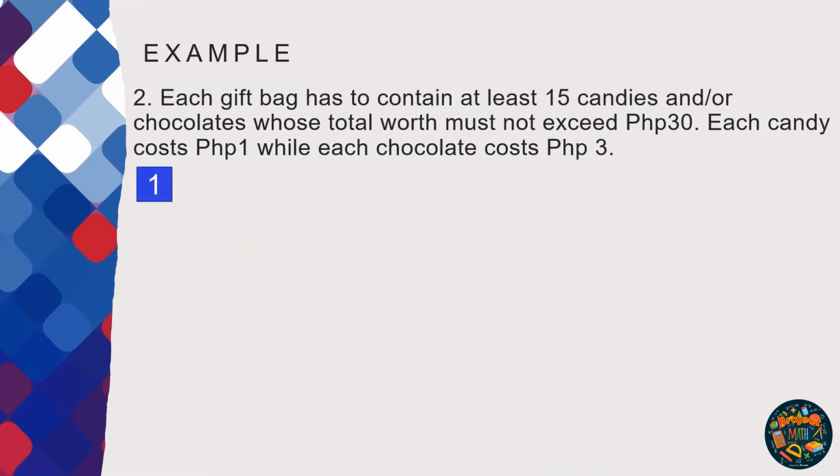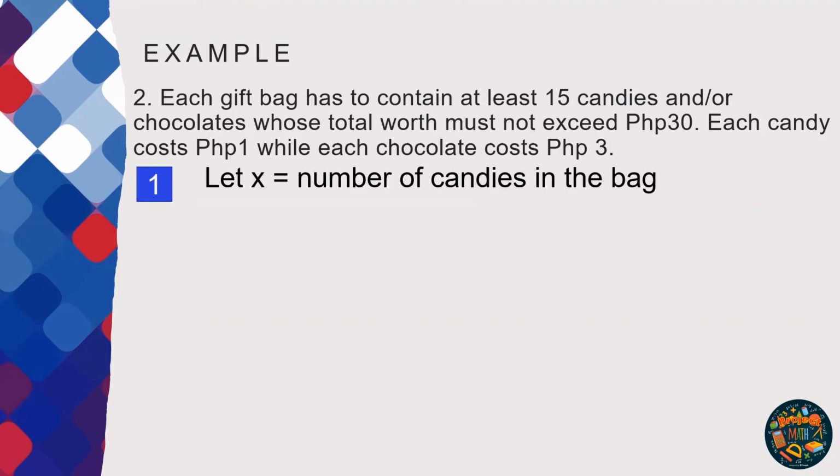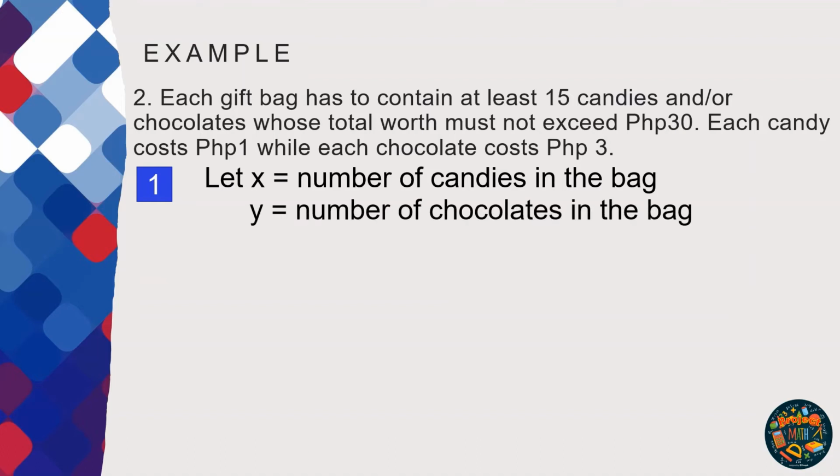Okay, so what are the unknowns in the problem? We are going to find how many candies and chocolates are in the gift bag. Let us represent it by a variable. We will let x be the number of candies in the bag, and we will let y be the number of chocolates in the bag.